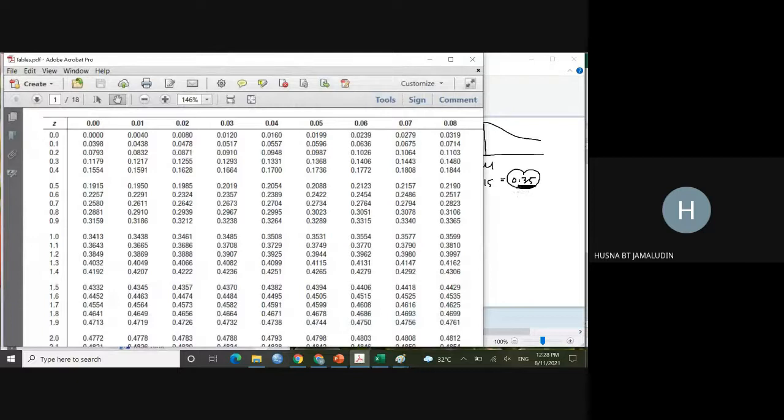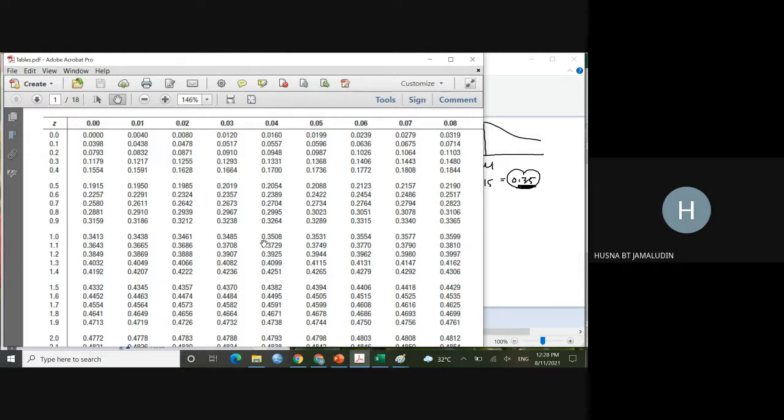0.35. So where is it? Okay, so you have 0.3485 or 0.3508. So you have to find the smallest by minus. So which one is the smallest?